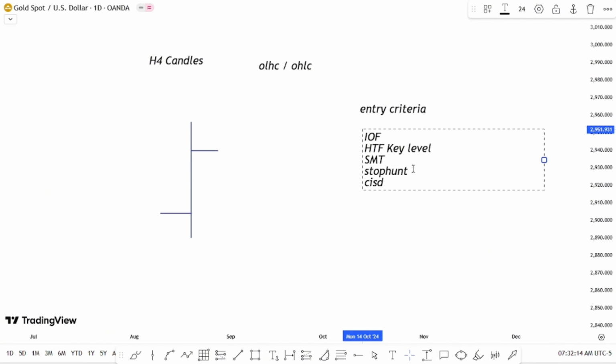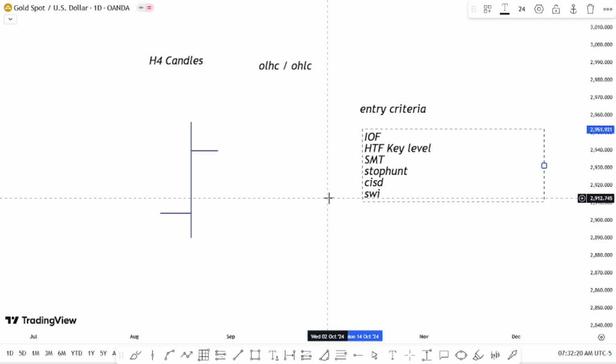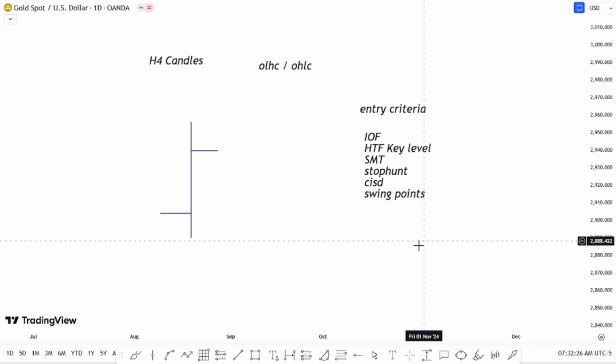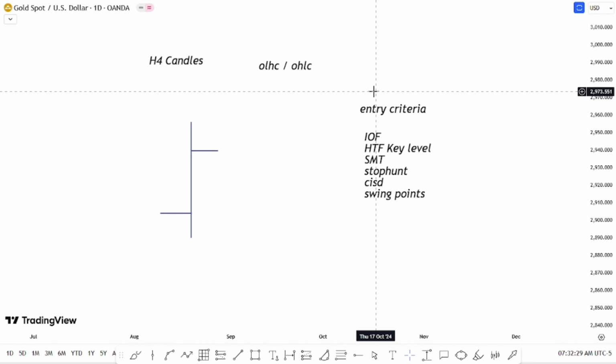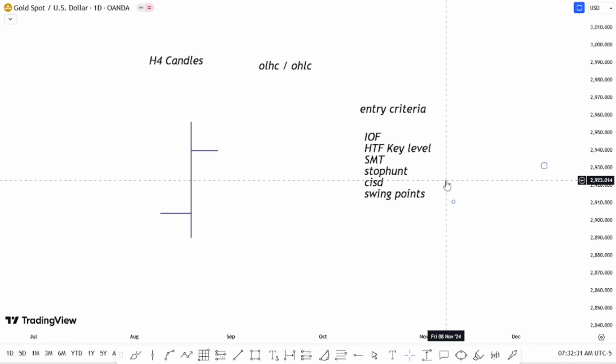You should be combining everything with this 4-hour power of 3. Don't worry, I'll show you examples on the charts, especially on gold, and some indices charts. These are the criteria that you need to focus on.